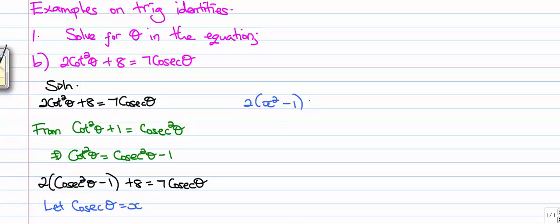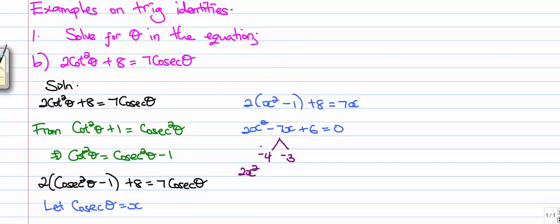So like I said, if you are okay with solving it using cosec theta, it's okay. However, if you are not, then always substitute in the normal x that we are used to. So as you substitute in the x, you'll obtain 2x squared minus 7x plus 6 is equal to 0.